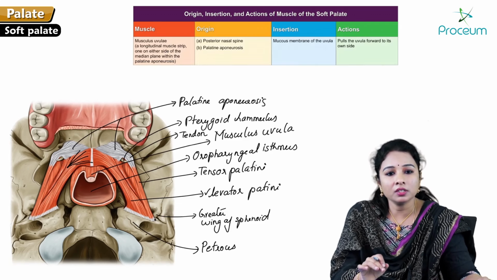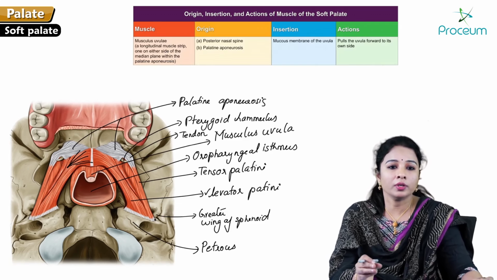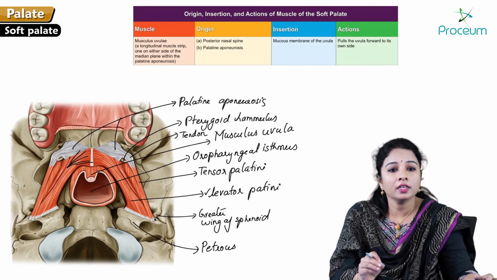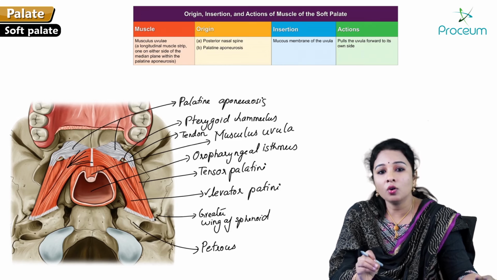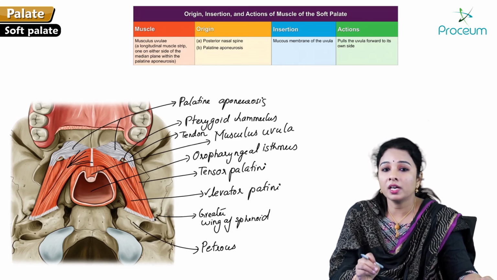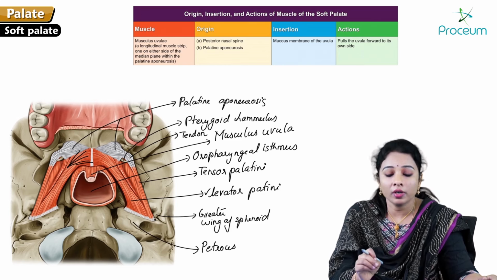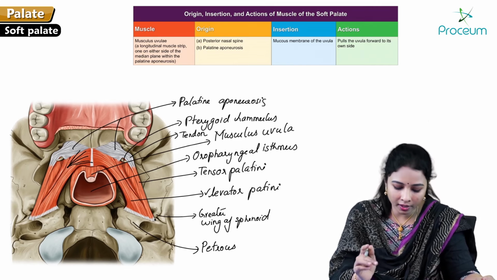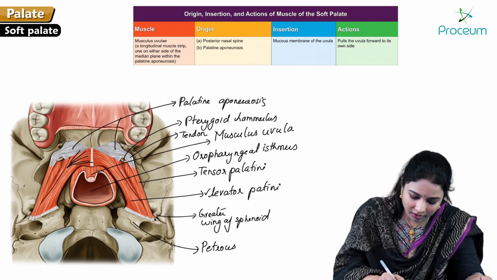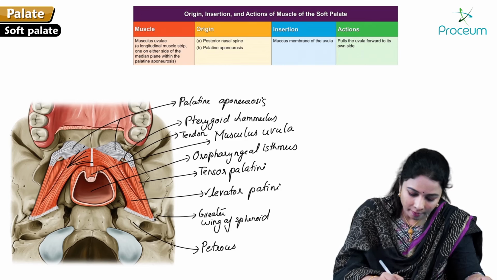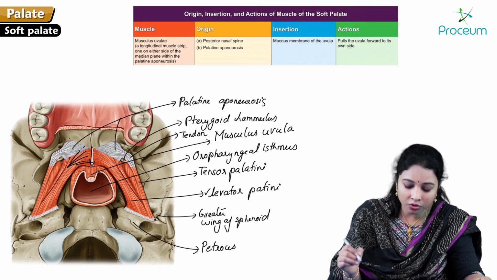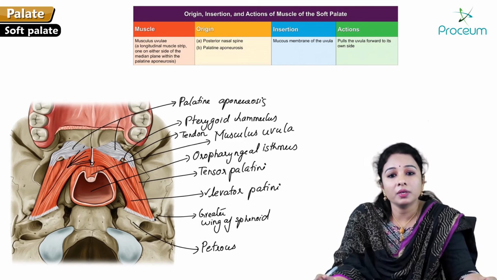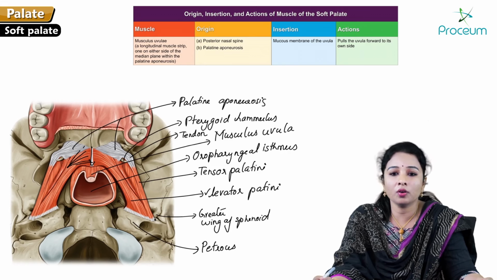Next, about the musculus uvulae. Musculus uvulae, we know it is an intrinsic muscle. It is a longitudinal muscular strip, one on either side of the median plane within the palatine aponeurosis. So it gains its origin from the posterior nasal spine and palatine aponeurosis. So here we can see palatine aponeurosis and posterior nasal spine projection, which provides origin to musculus uvulae, and the muscle inserts into the mucous membrane of uvula.